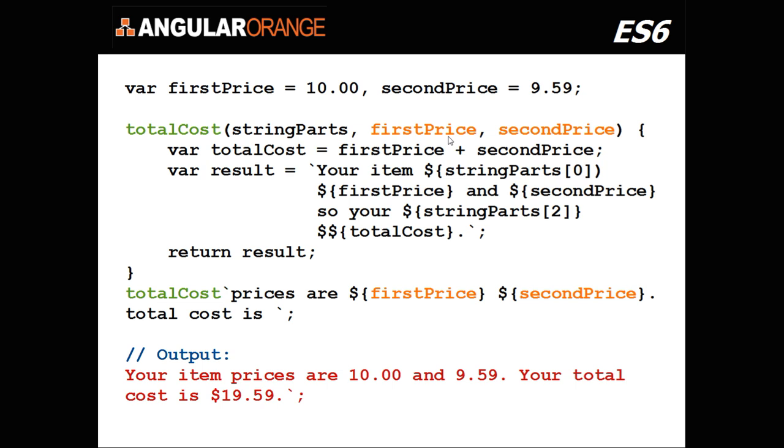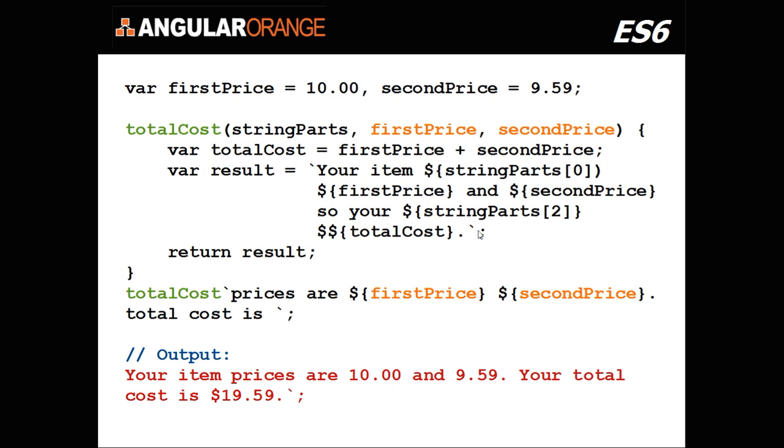So the value 10 comes in this argument, the value 9.59 comes in this argument, and this argument is going to contain whatever's in the string parts. So I construct this sentence and I say your item string part 0, first price, second price, so your string parts 2 is some $ sign and then a total cost.